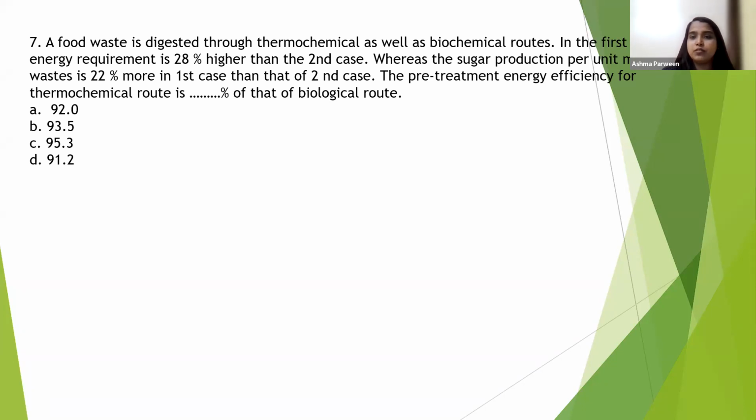The pre-treatment energy efficiency for thermochemical routes is dash percentage of that of the biological route. So we have to find out the pre-treatment energy efficiency for thermochemical routes in terms of the biological route. So I will give you 5 minutes. Just solve this question and write the answer in the chat box.